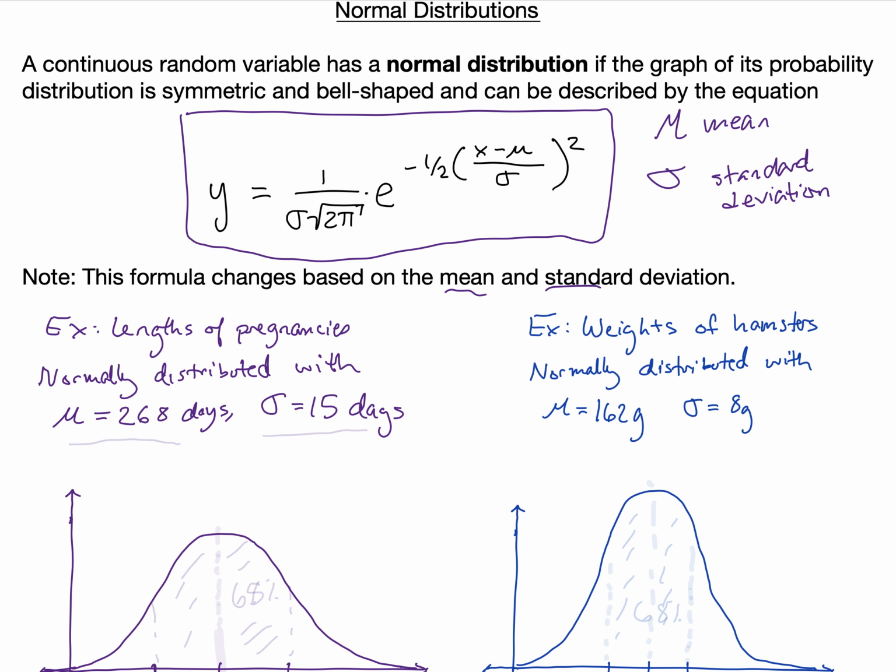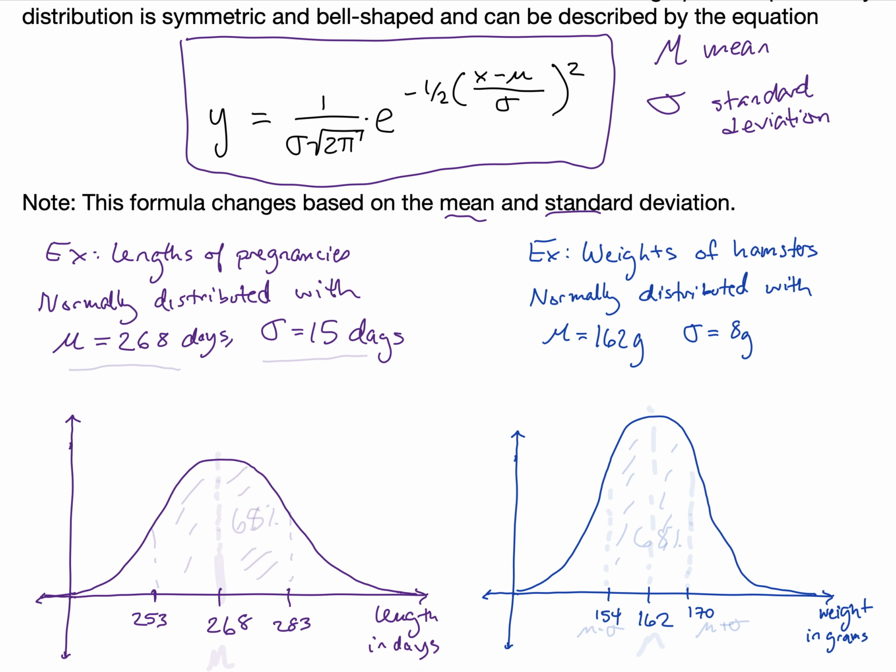Below are two different normal distributions. The first describes lengths of pregnancies for humans, and that distribution is normally distributed with a mean of 268 days and a standard deviation of 15 days. Here is the mean, mu, and it's the center of the distribution.